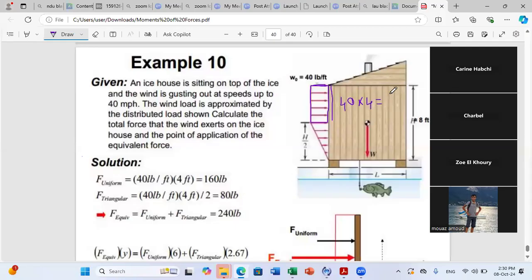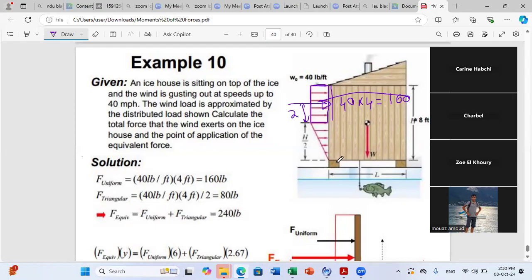This is your force, but what is the point of application of this force? It should pass by the centroid of the rectangle, so it's just at the middle. So I can replace this rectangle by one force of magnitude 160 passing by the middle of the rectangle. If this distance is 4, from this point to this point, I will have 2.